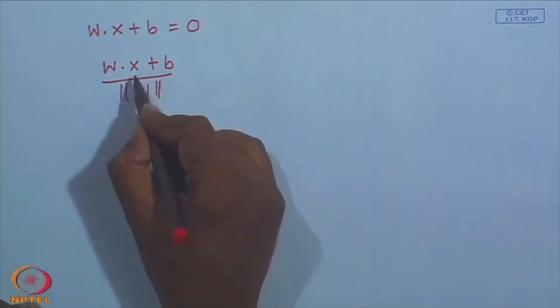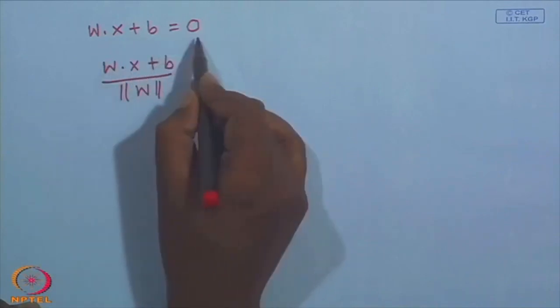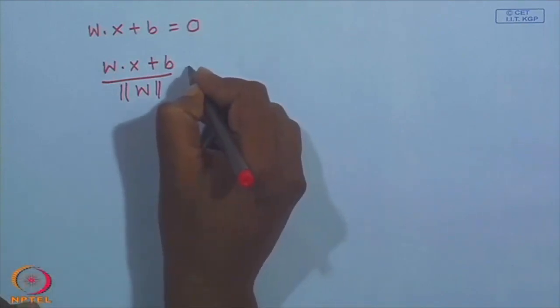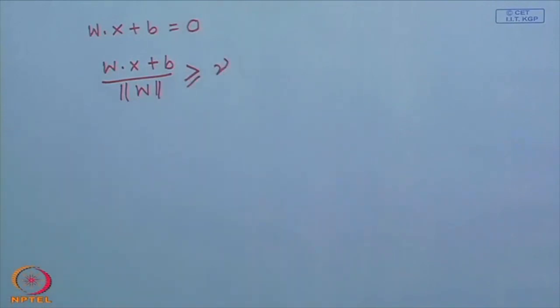So, this is the distance of point x from the hyperplane W dot x plus b equal to 0. And what we want is that this has to be greater than or equal to some margin, say gamma.